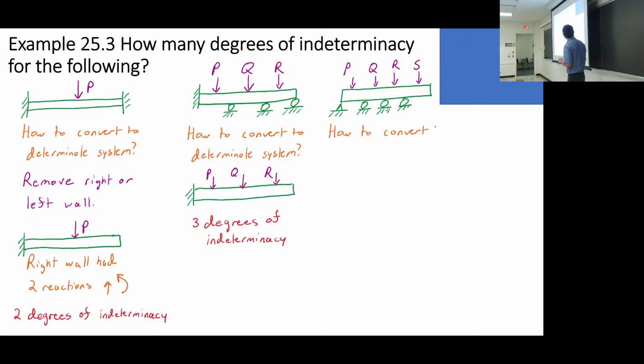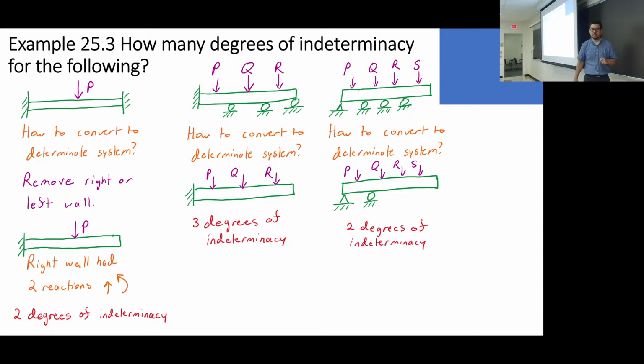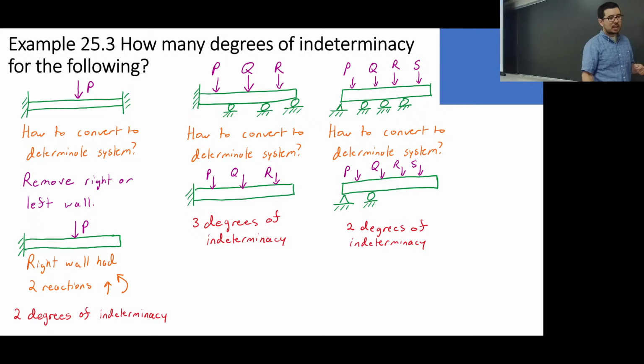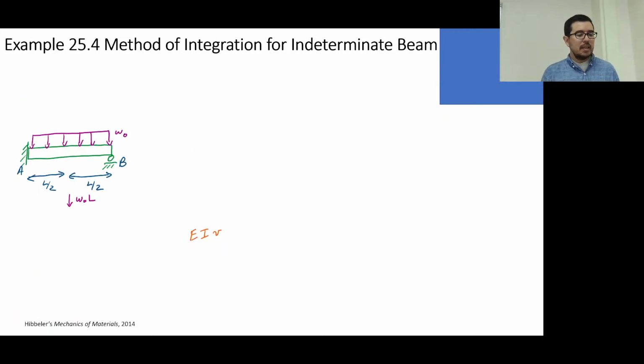So this is kind of the easy way, without doing any math, to visualize the degree of indeterminacy for a given system. Okay. So that's one thing, right? We can figure out the degree of indeterminacy. How do we solve these though for their displacements?